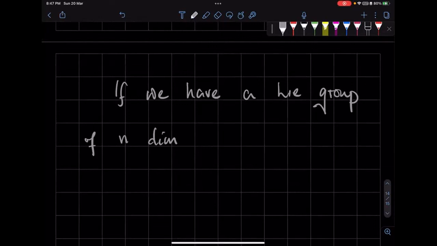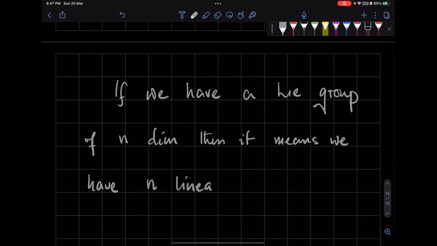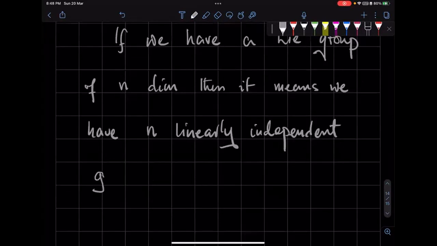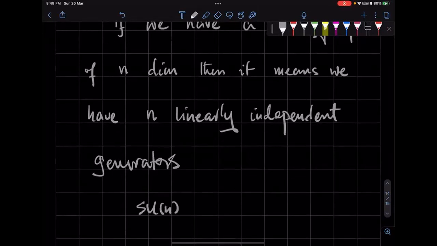It means we have n linearly independent generators, right? So that's why the counting is important, because SU(N) has dimension n squared minus 1.